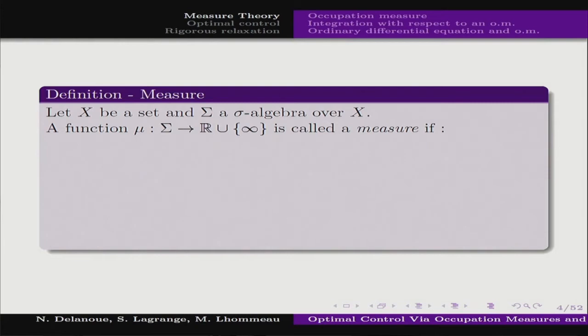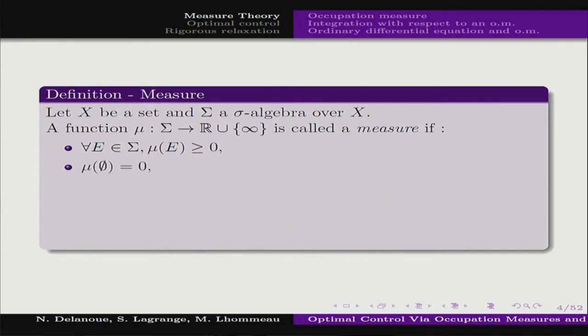So, a measure. Here it's a bit technical, but you can think of a measure as a function that from a set computes a real number. The first assumption is the following: you want every set to have a non-negative measure. I can also say a mass of this set.